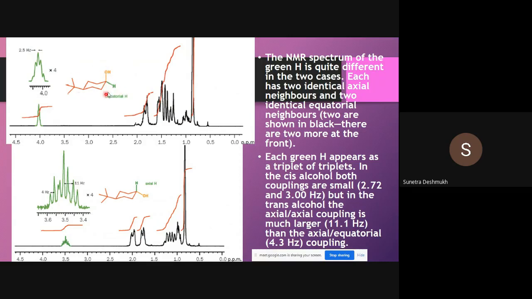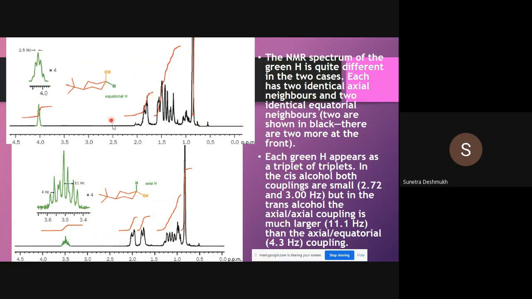So whatever compound you get, once you have the NMR in hand, we can identify with the J3 value, which is 2.5 hertz, that the hydrogen is present equatorially. That means the alcohol product we got is cis alcohol.